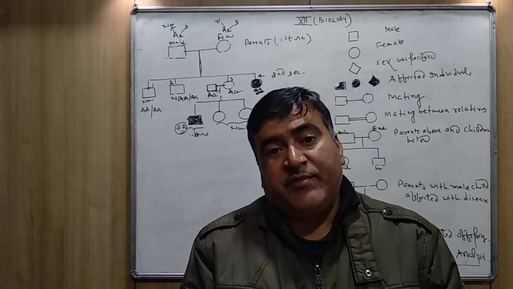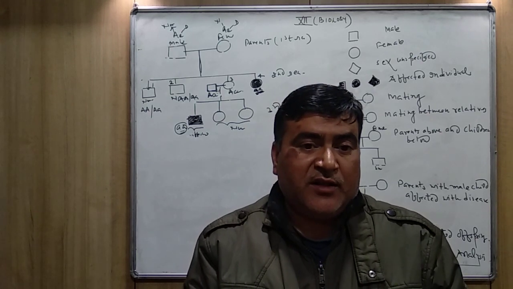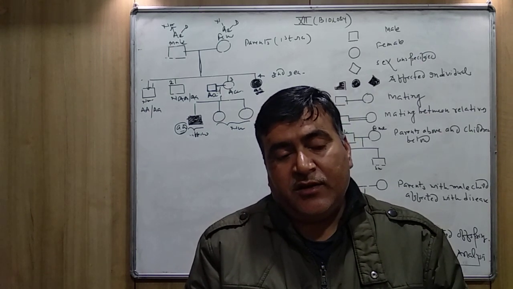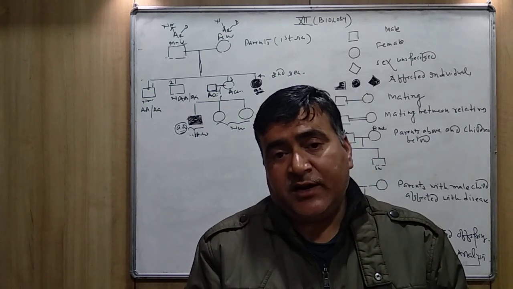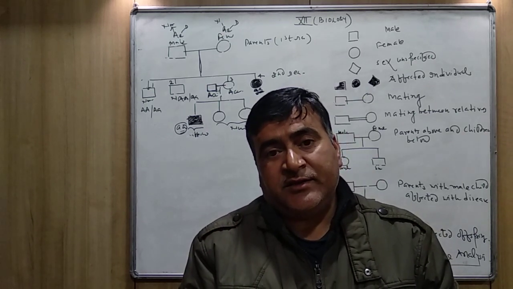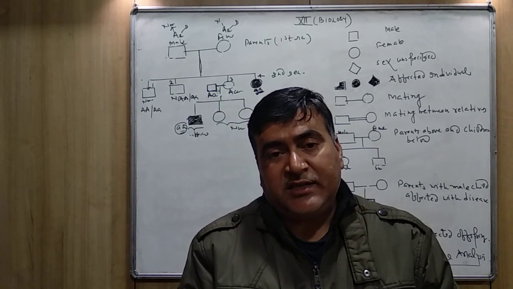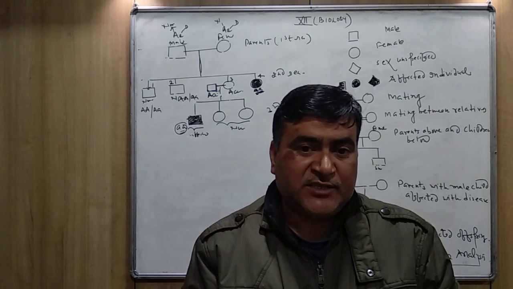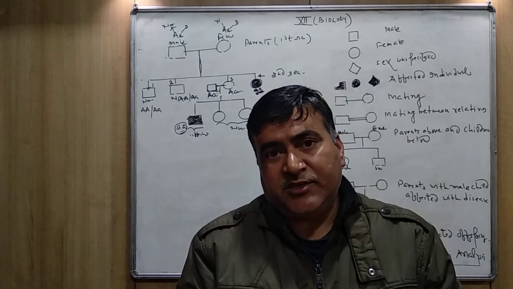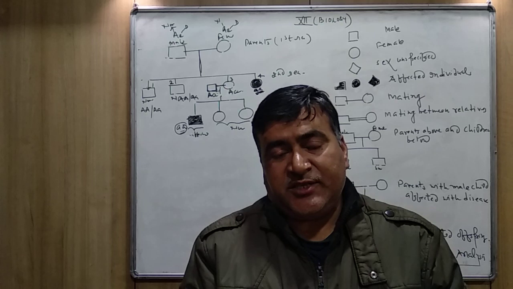I will start with the Mendelian disorders. You have to study hemophilia, color blindness, sickle cell anemia, thalassemia. Then you have to study chromosomal disorders. These are Down syndrome, Klinefelter syndrome, etc.